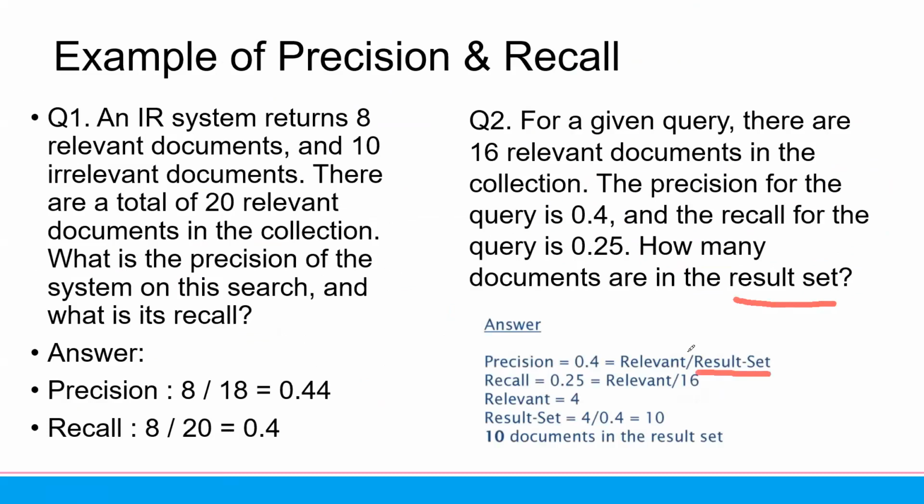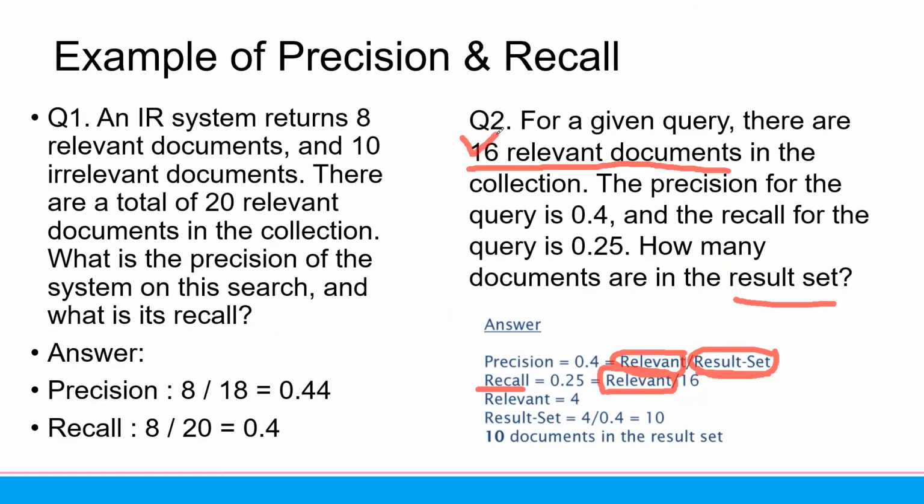So I do not know how many of this and how many of this. What I know is only the number of relevant documents. What is recall? Recall means we want to get the retrieved and relevant divided by the number of relevant documents.